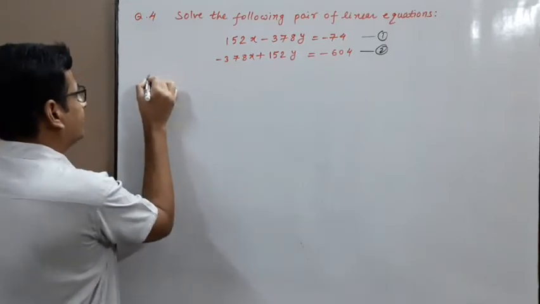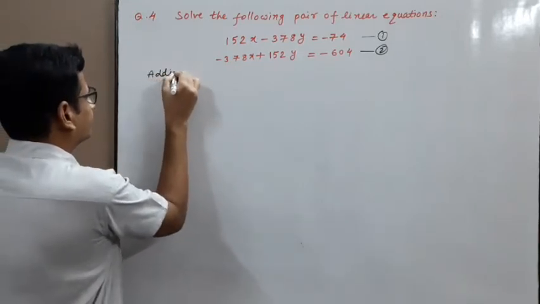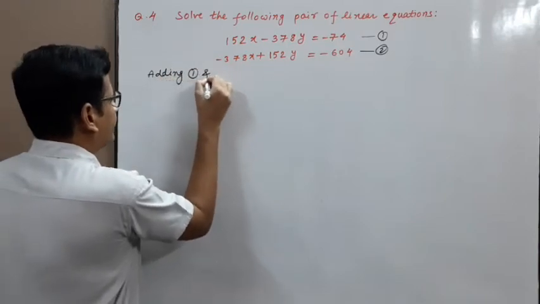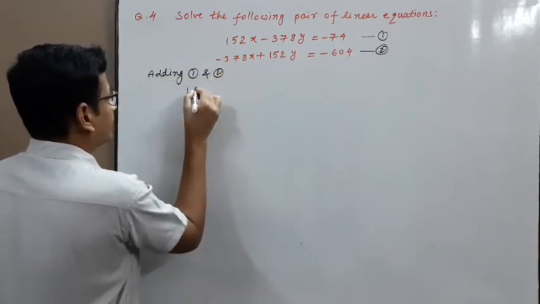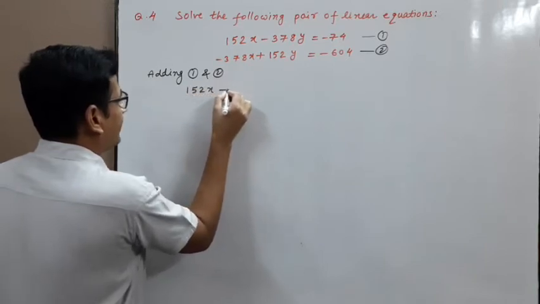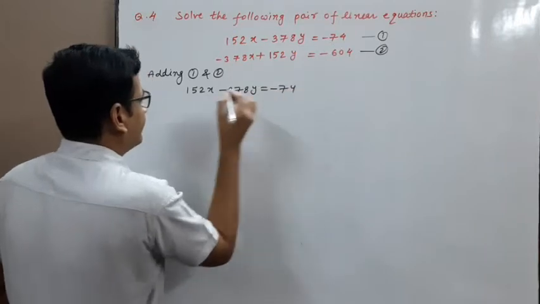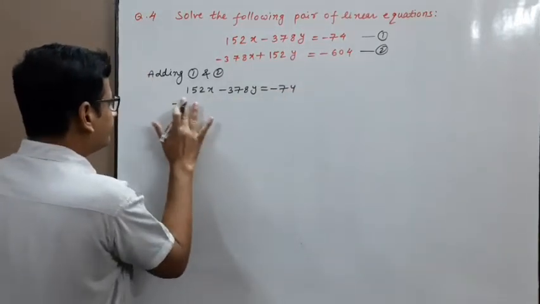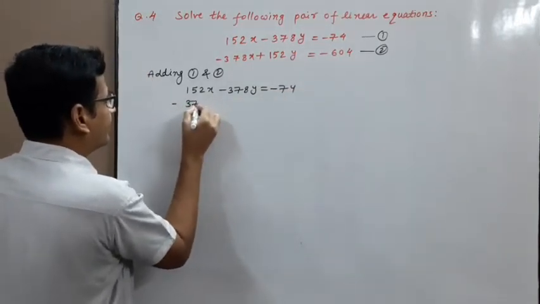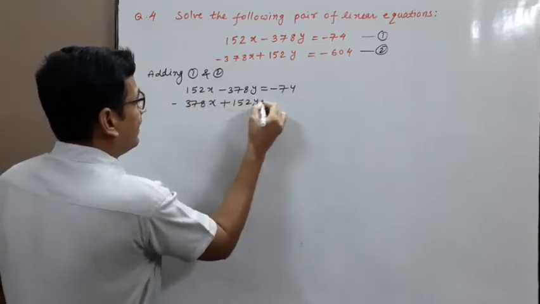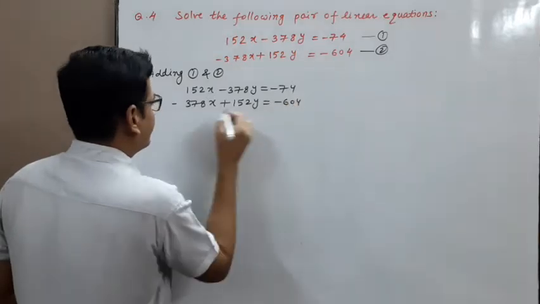So adding 1 and 2. Adding equations 1 and 2. So write both equations together. 120x minus 378y equal to minus 74, minus 378x plus 152y is equal to minus 604.